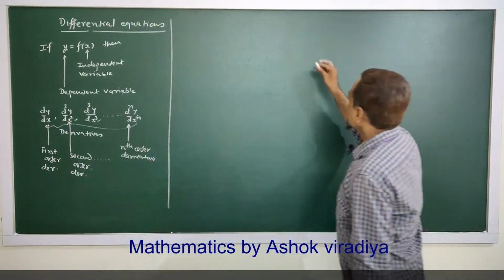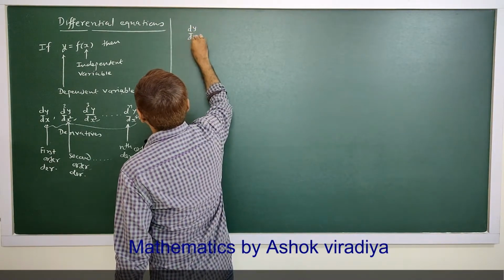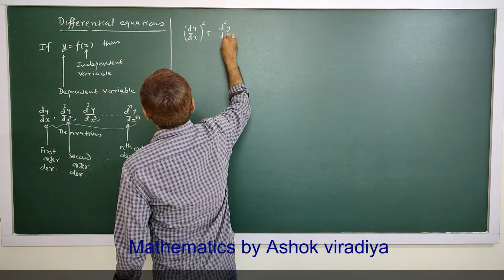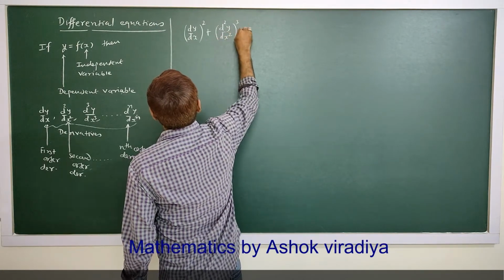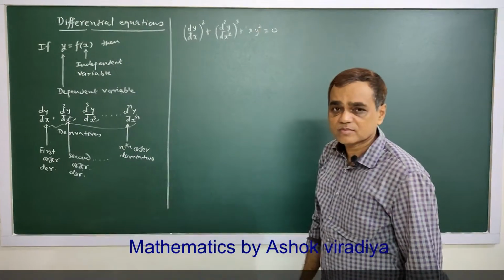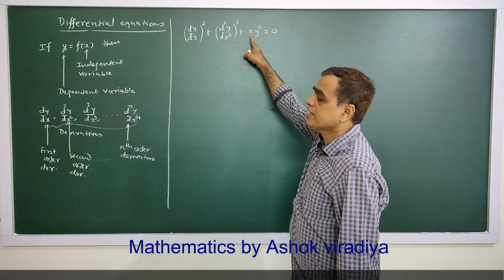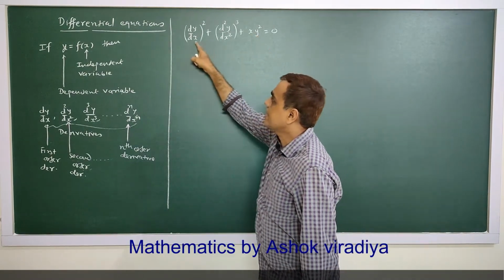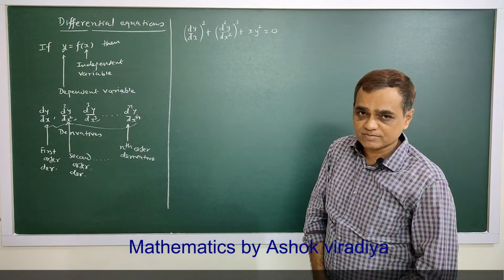For example, suppose I keep here (dy by dx) whole square plus (d square y by dx square) whole cube plus x y square equal to 0. So this is an equation. It contains independent variable x, dependent variable y, and derivatives. So this is said to be a differential equation.